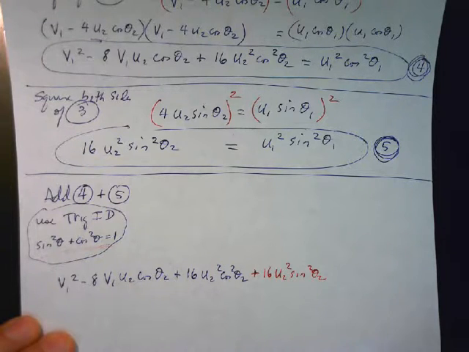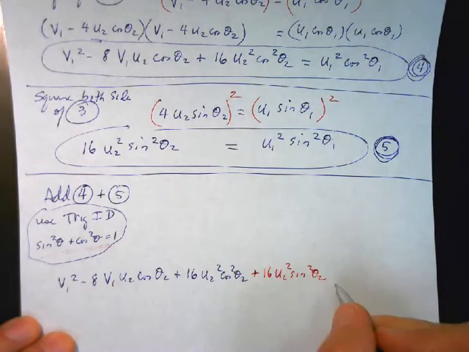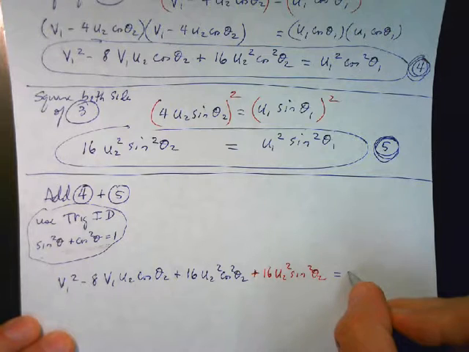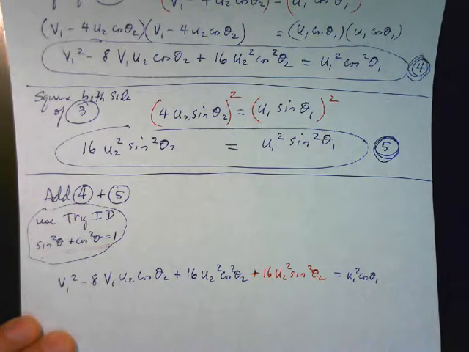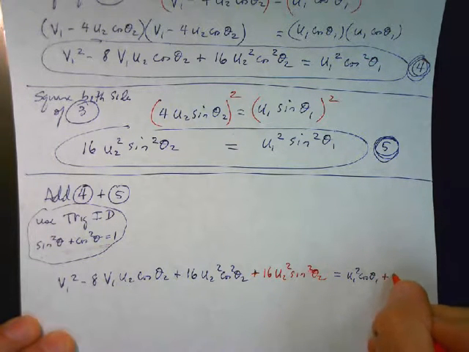We've added the left-hand terms of both of these. Now we'll add the right-hand terms. The right-hand term here is U1 squared cosine squared theta 1, and then the right-hand term for equation 5, so plus U1 squared sine squared theta 1.